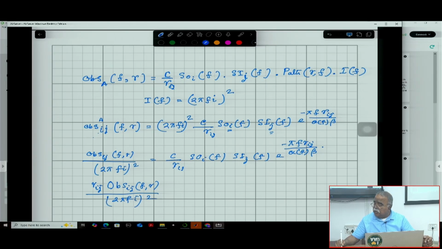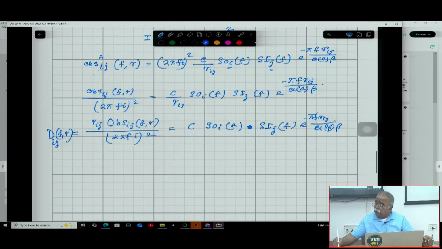So this will be equal to the displacement spectra Dij of f, equal to c into S0i of f into Sij of f into e to the power minus pi f Rij divided by Qf into beta. This is your displacement spectra.